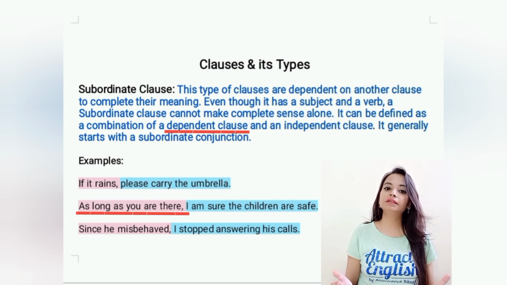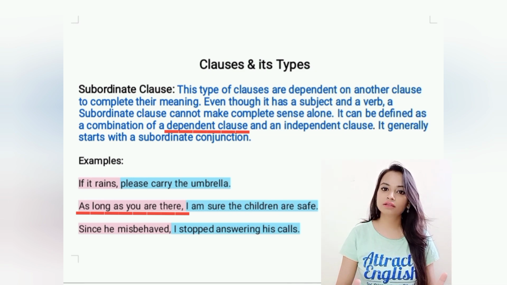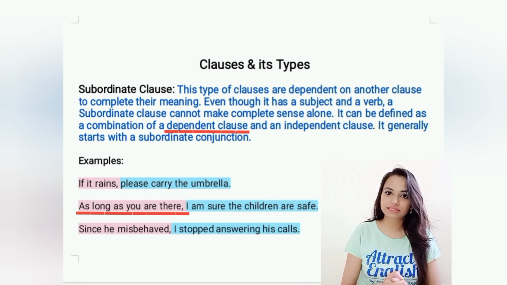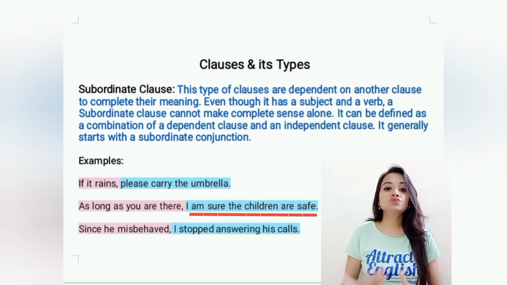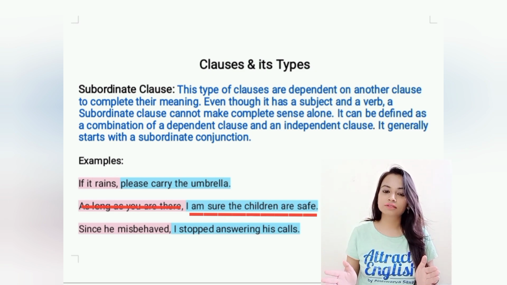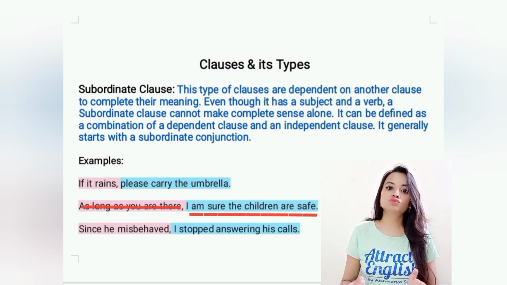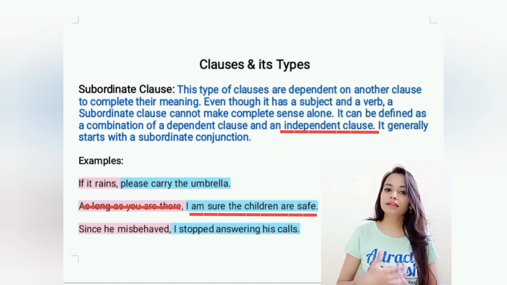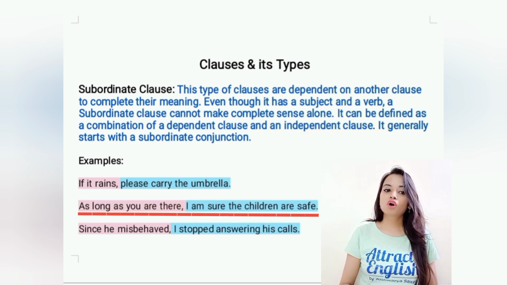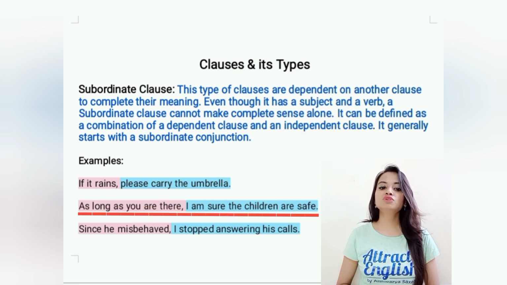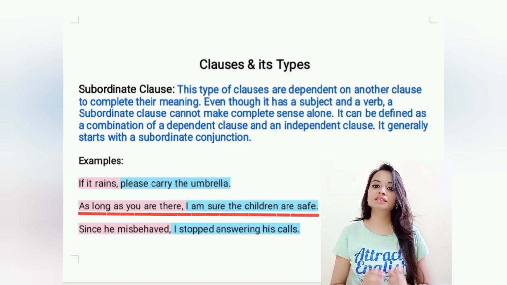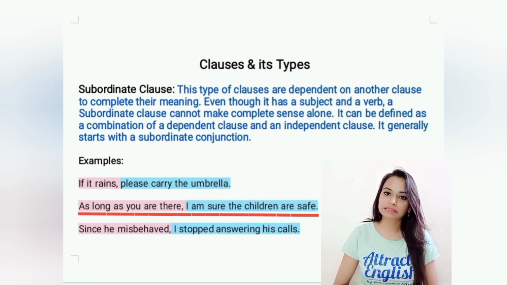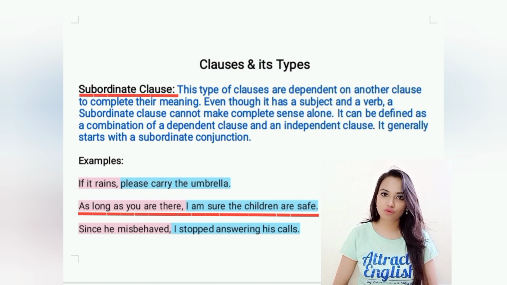If I say only this much, it is not making complete sense. Therefore it is dependent. Then comma, "I'm sure the children are safe." If I read only this part, it is still making sense, and so it is an independent clause. This complete sentence is an example of a subordinate clause.